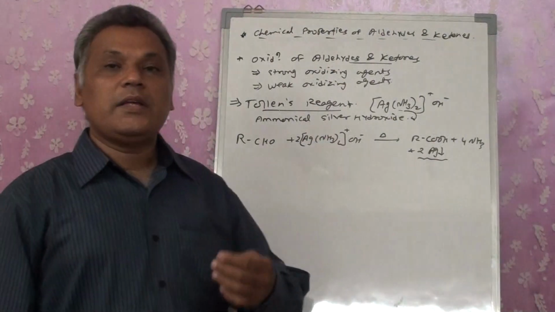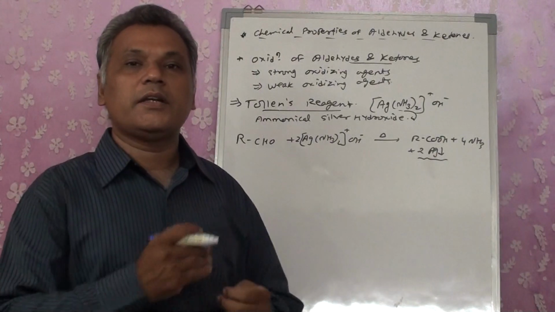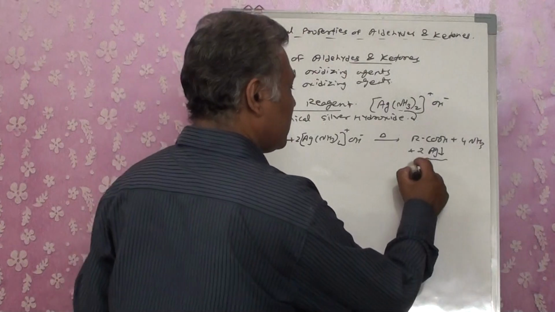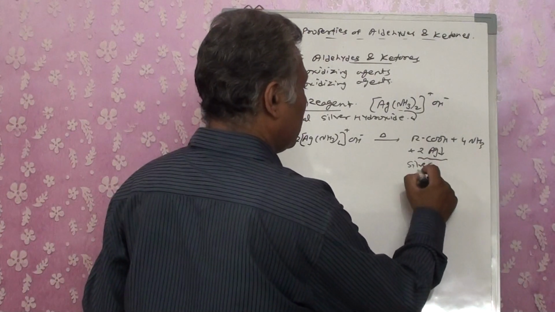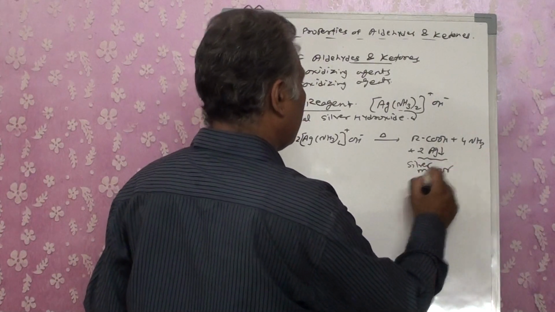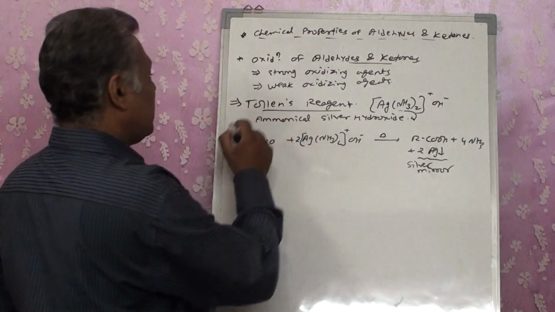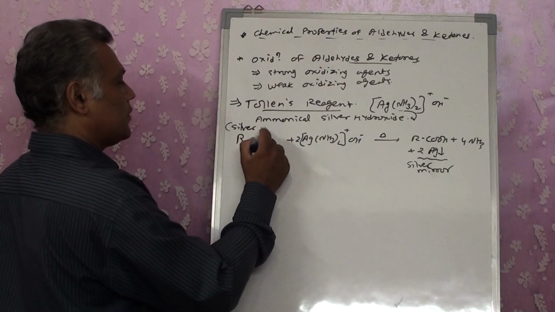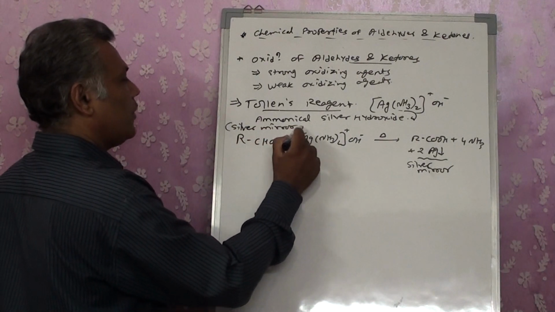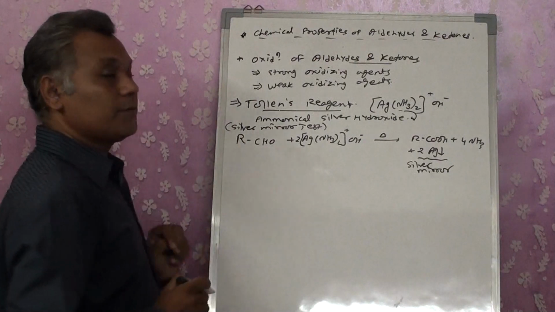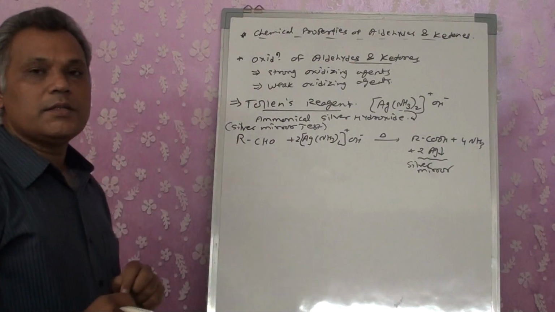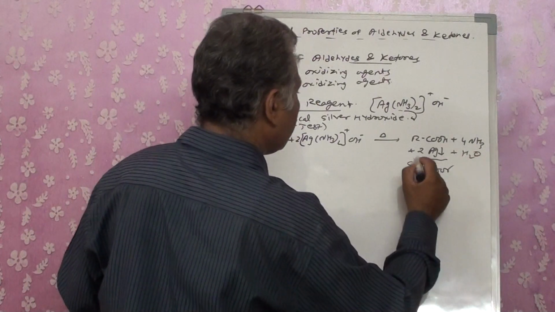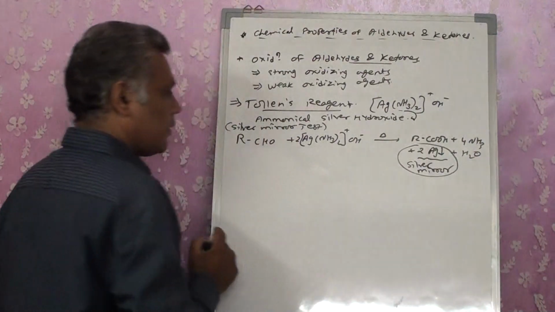When you have the glass and the inner side is coated with silver, it acts as a mirror, so it produces a silver mirror. So this particular reaction is also termed the silver mirror test.